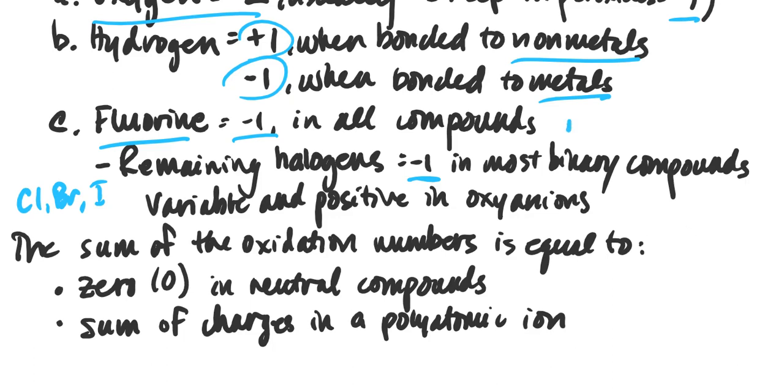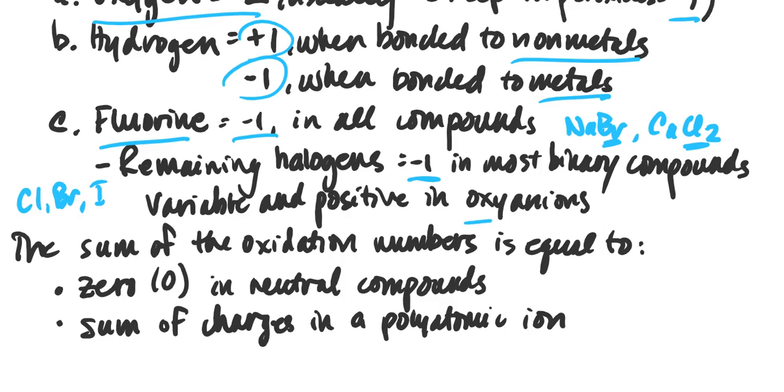So something like sodium bromide, well, the bromine is part of a binary compound, so it has an oxidation number of -1. Say if I have calcium chloride, each of these two chlorines would still have an oxidation number of -1 because calcium chloride is a binary ionic compound.